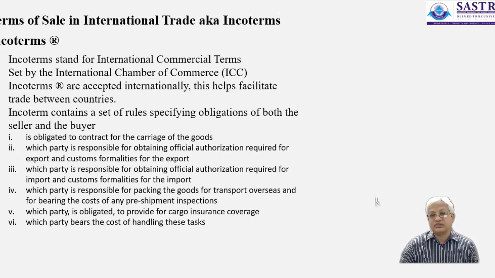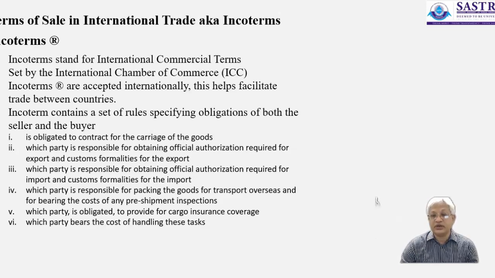all the different terms. In international logistics, we need to understand these terms and the meaning of all the different abbreviations. So, Incoterms are a set of rules, and these rules specify the obligation of the seller and the buyer.